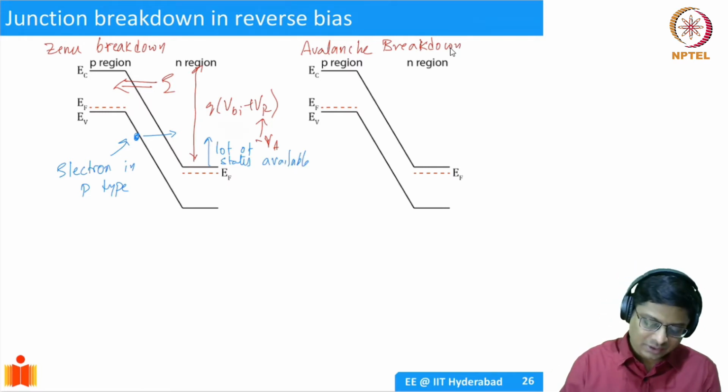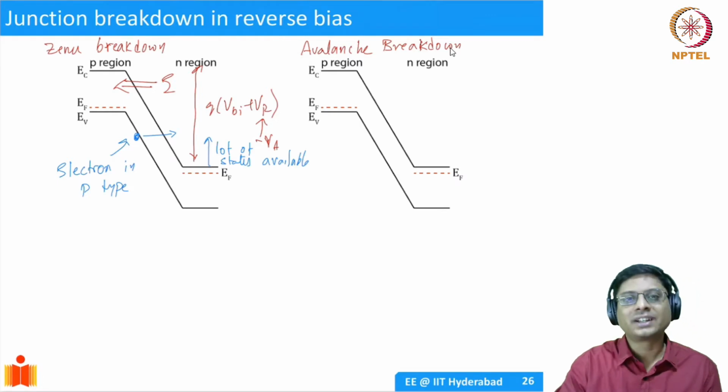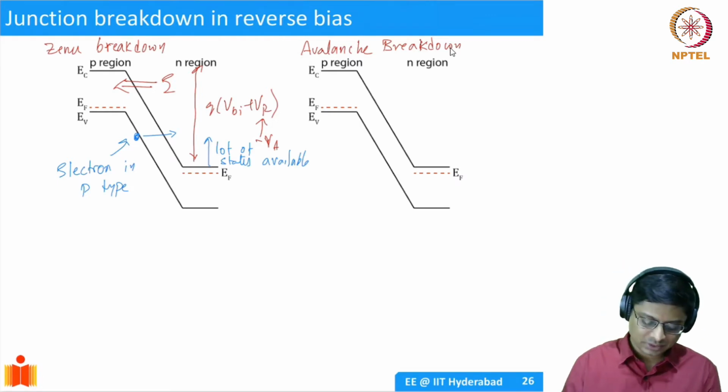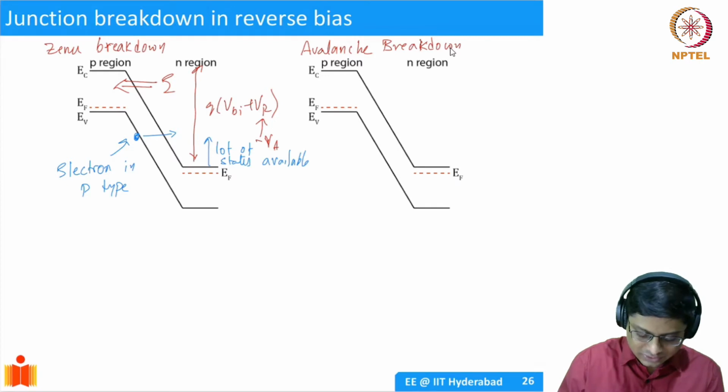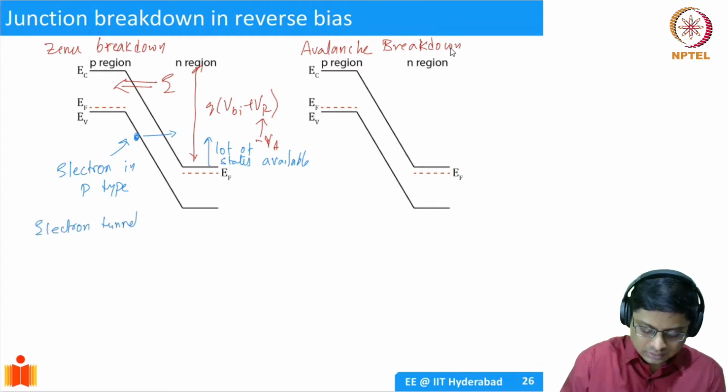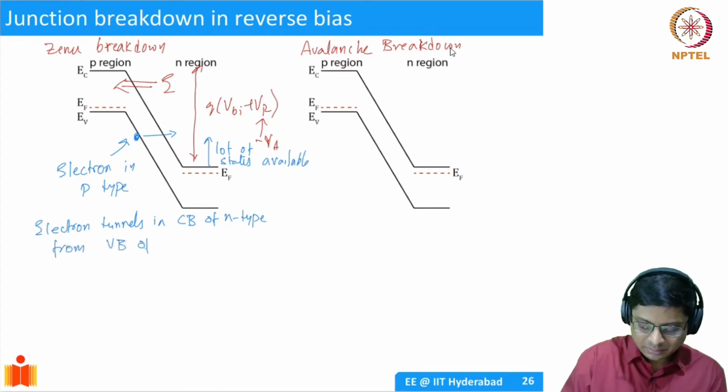So what's going to happen is the electron is going to go into the conduction band of the n-type. This process is called tunneling. So the electron tunnels into the CB of the n-type semiconductor from the valence band of the p-type.